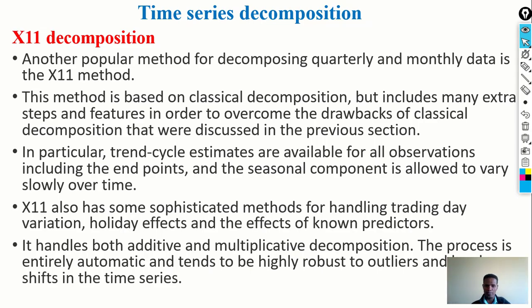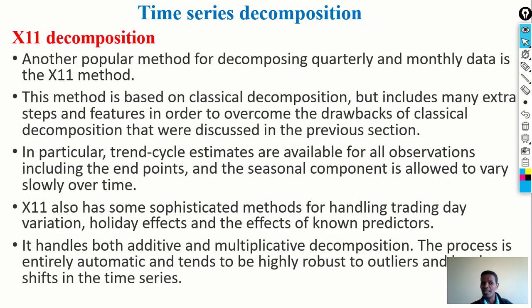This method is based on the classical decomposition. But it includes many extra steps and features in order to overcome the drawbacks of classical decomposition that were discussed in the previous session. In particular, the trend cycle estimates are available for all observations, including the endpoints. And the seasonal component is allowed to vary slowly over time.